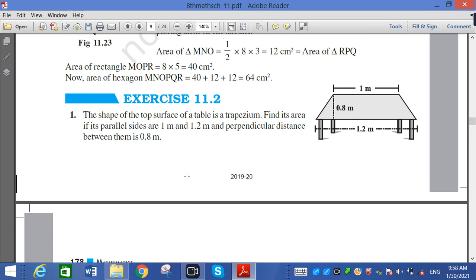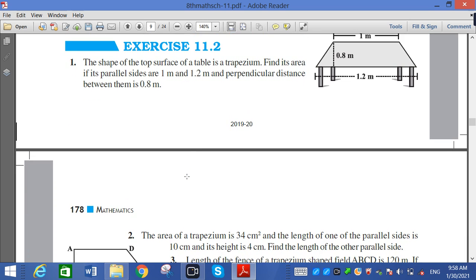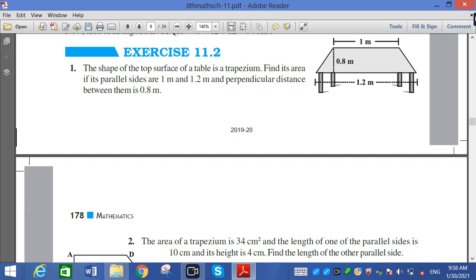Now we go for exercise 11.2, question number 1, that I am explaining to you. First of all, I have to find out what is given. I have to find the area of the trapezium. That is 1 by 2 h into a plus b.